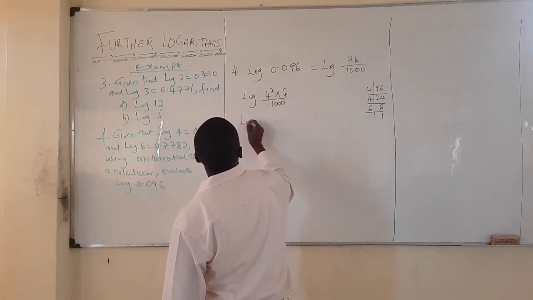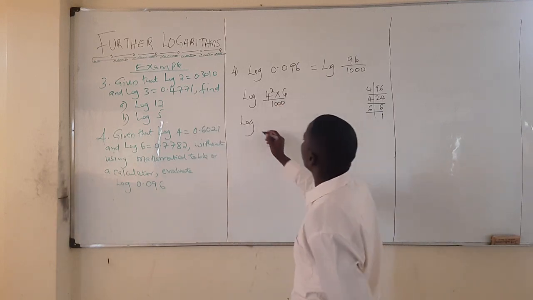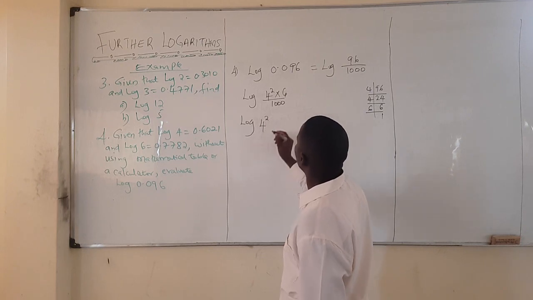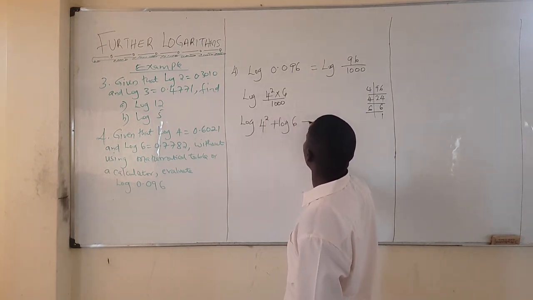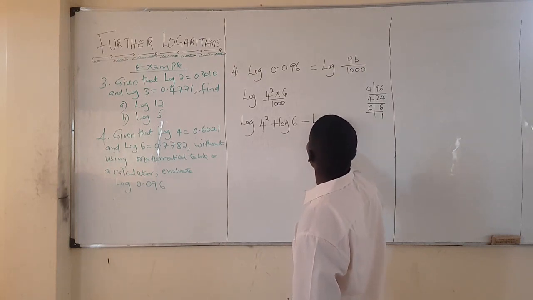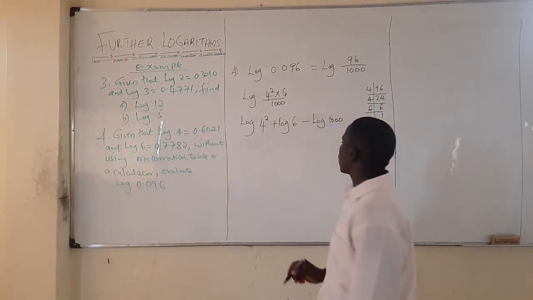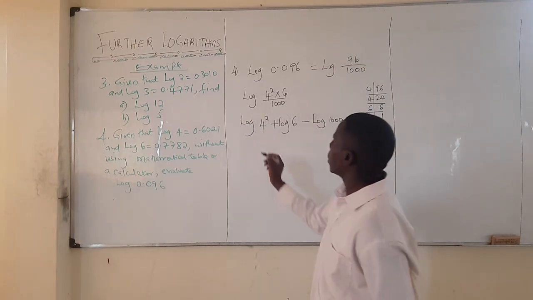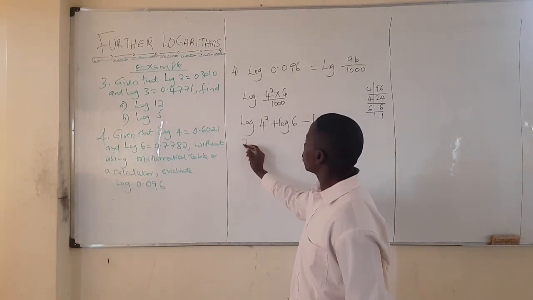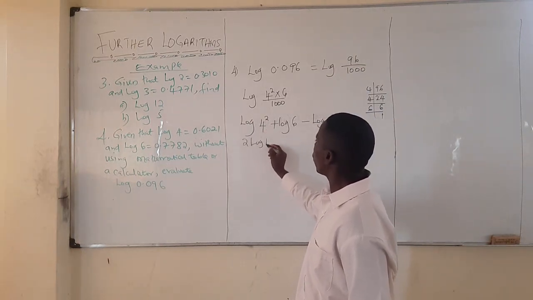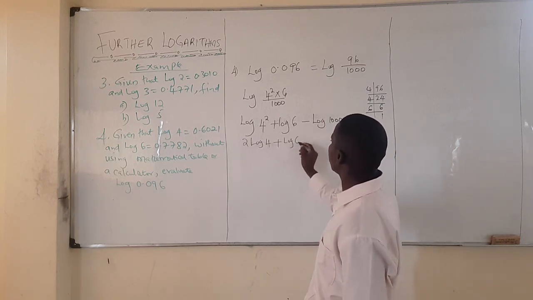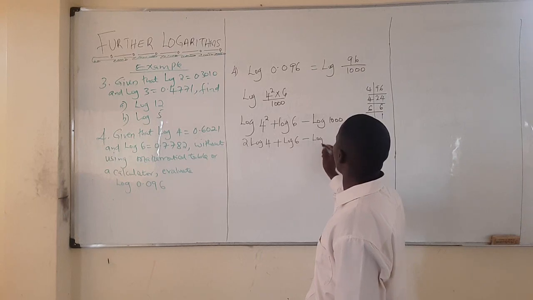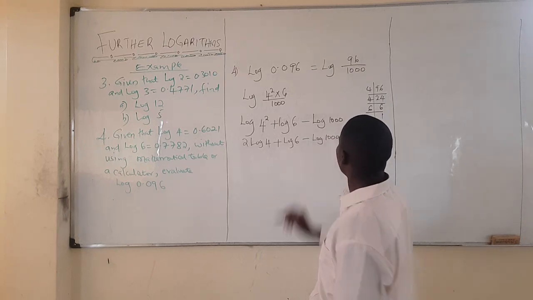And then we can have this one as the log of 4 squared plus the log of 6, then minus the log of 1000. So this is going to be, you drop the power 2, 2 times the log of 4, then plus the log of 6 minus the log of 1000.